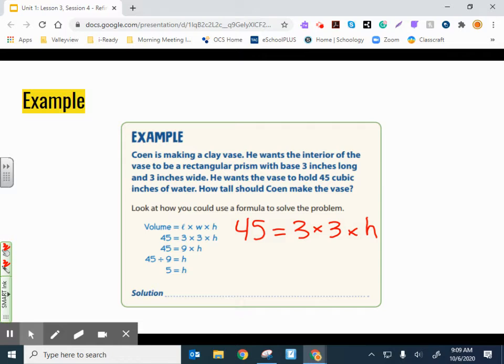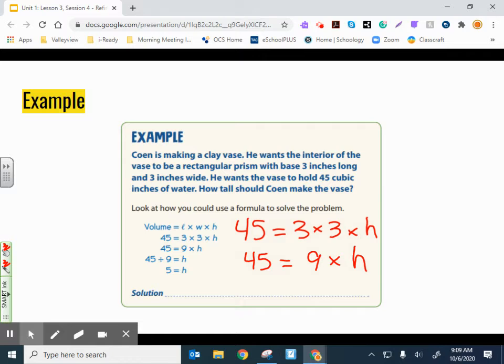Then we have to figure out that mystery measurement, so to speak. This may look a little difficult, but it's pretty simple, where you just work out the problem. So we have 45 equals 3 times 3, which is 9, times h. You're going to learn algebra, where letters represent numbers, so this is a good preview of how to do that.